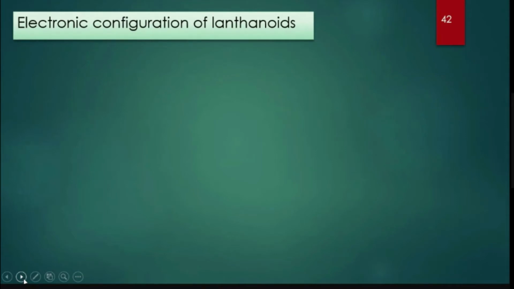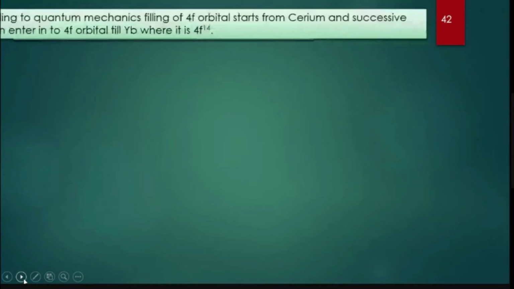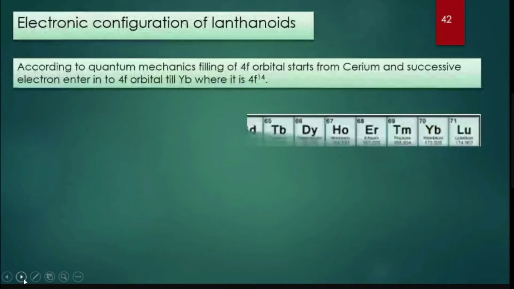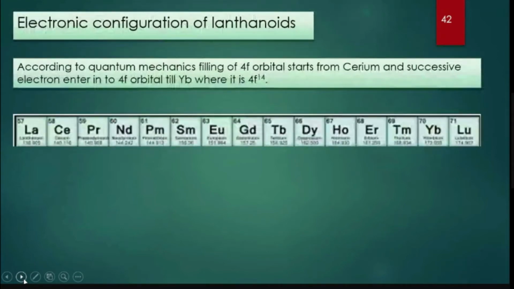Electronic configuration of lanthanides. What is the electronic configuration? It is the arrangement of electrons in the various shells of an atom. Here, according to quantum mechanics, the filling of the 4f orbital starts from cerium because cerium is the first element. Why have I included lanthanum?